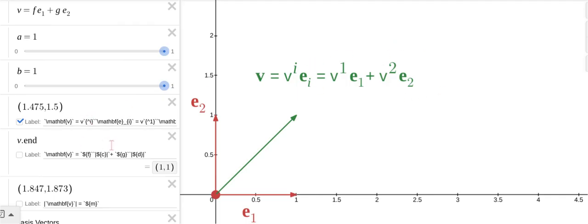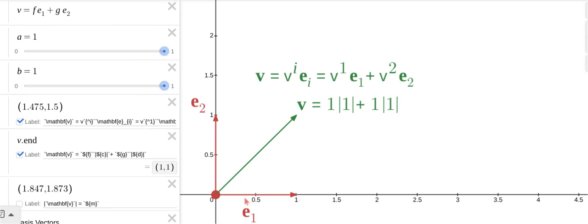Now, what I learned recently was that we can put the actual values of these components and basis vectors. So this is the magnitude of V1, this is the V2 component, this is the magnitude of E2. And what's the magnitude of a vector?